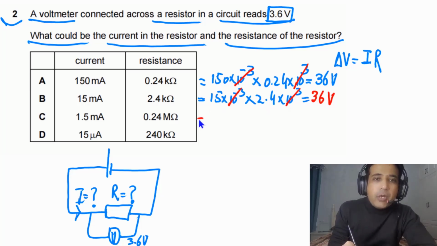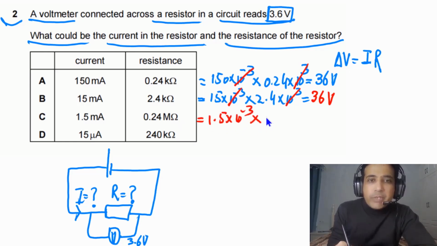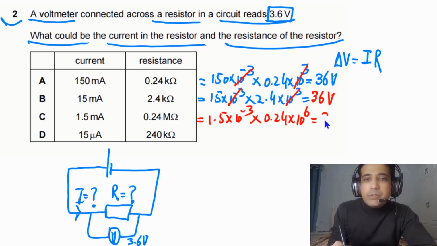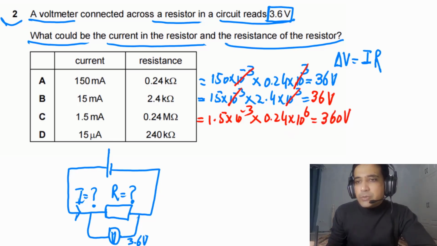Now we go to the next one. Repeat the same process, I times R: 10 to minus 3 times 0.24 times 10 to 6 for mega. In this case, your answer will be 360 volts. So this is also not a possible answer.